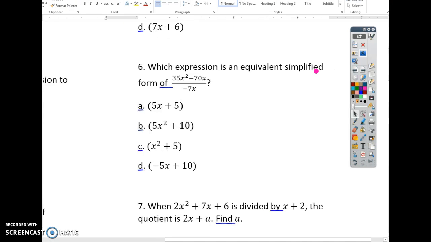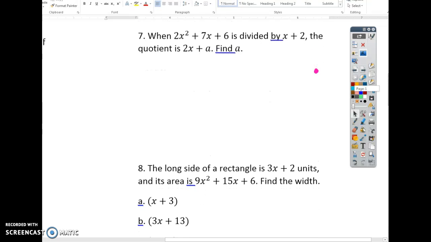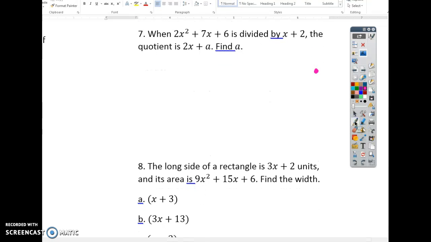Problem number 7. It's asking you to divide. So they give you a quadratic, 2x squared plus 7x plus 6, and they gave you one of the factors.